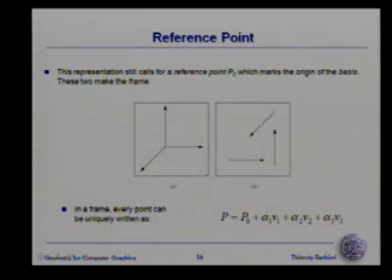It's not a representation of the screen in a specific moment. Here, a frame is intended as a geometrical entity made up of a set of vectors, which is the basis, plus another vector, which is the reference point.